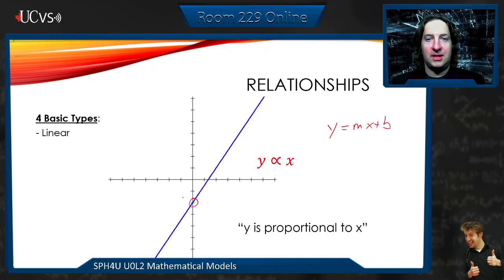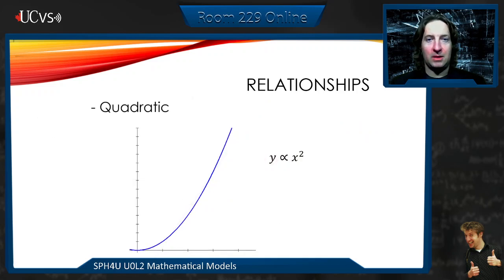The b was the y-intercept, and the m is the slope, the rise over the run, right? And that way we're able to mathematically talk about that, right? We can use a lot of words, but something like this is much more efficient, much quicker, it says all the important information.